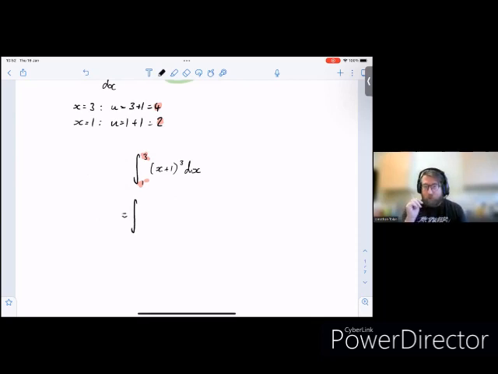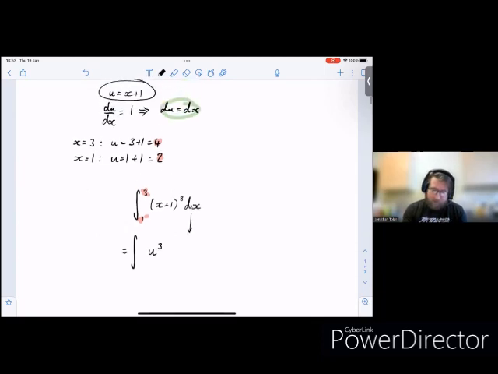Step 1, we substitute the function. So this x plus 1 cubed becomes u cubed. We also need to substitute the dx. So the dx becomes, in this case, dx just equals du. Normally, it'll equal something like 2 du, or it might be du over x or something.